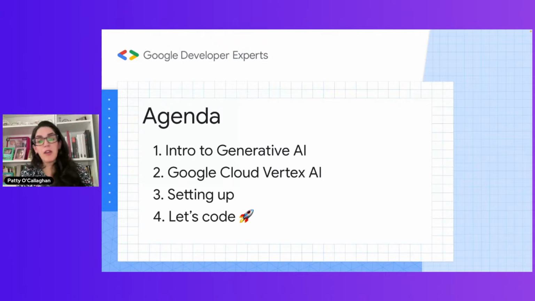Okay, so usually I do an introduction into what is generative AI, but because of timing, I'm going to skip that part. However, I will share with you some resources where you can go to and read more and learn more about generative AI. Then I'm going to talk to you about Google Cloud Vertex AI, which is an amazing platform for all of your machine learning projects.